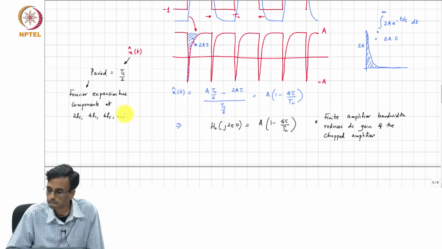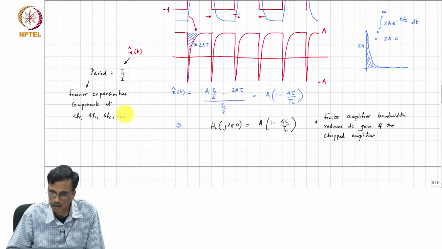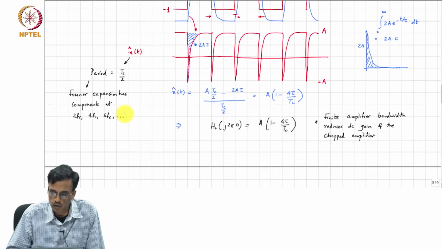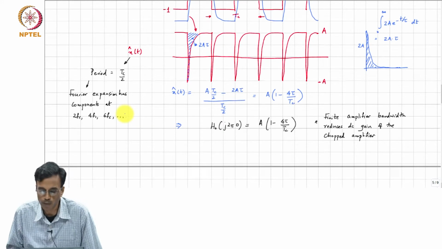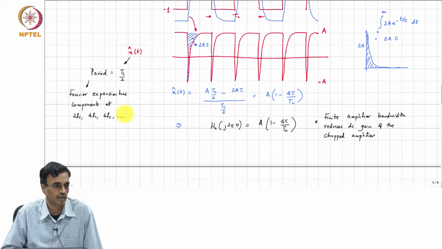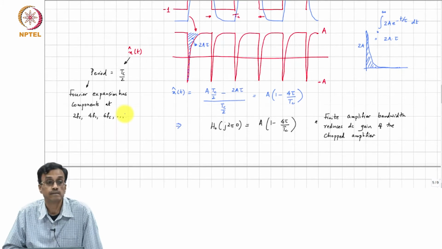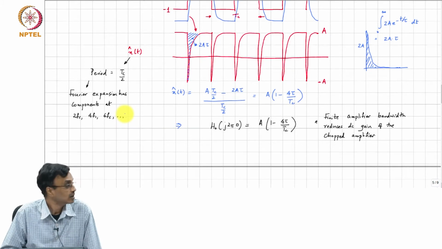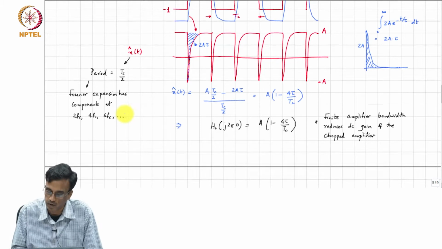All right. And so what comment can you make? How does an input at frequency 4Fc, 6Fc, multiples of 2Fc, fall back to the DC? Yeah, very good. So, what does this mean?